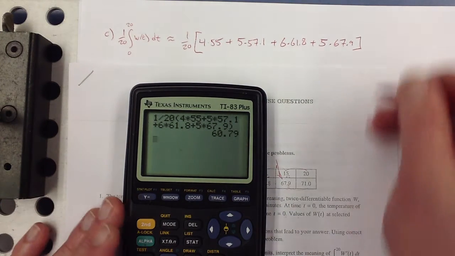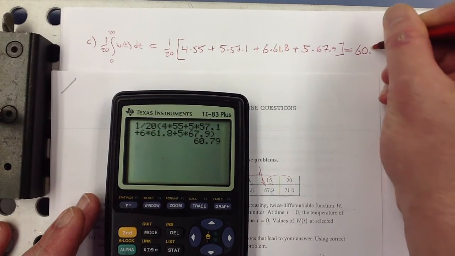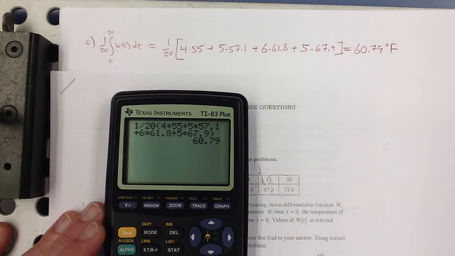And this is the average temperature, so we better get something reasonable, right? So that's equal to 60.79 degrees Fahrenheit. It's the average temperature, so units are temperature.